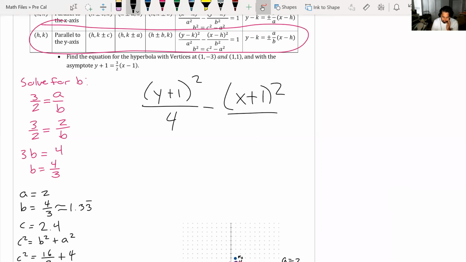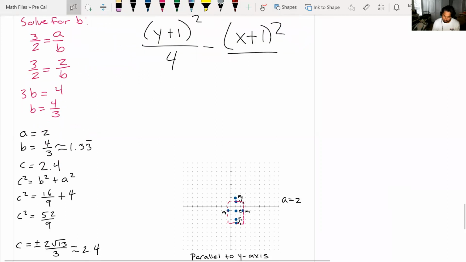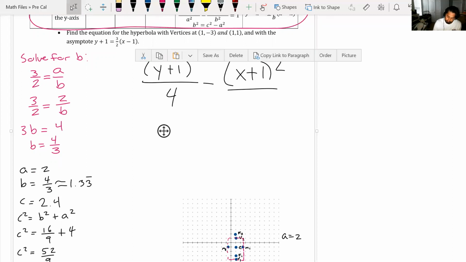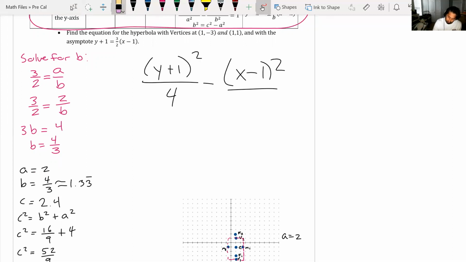Might have it backwards. It should be x minus 1. So that goes down. And then I think that's minus as well. With (1, -1), it should be minus, plus, minus, plus, minus. There we go.